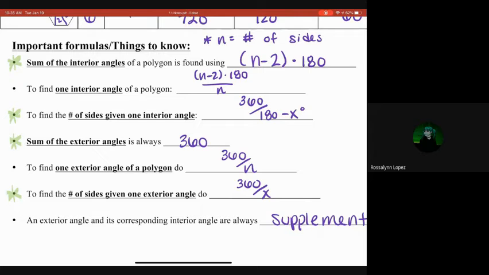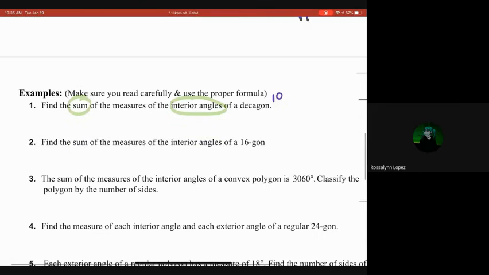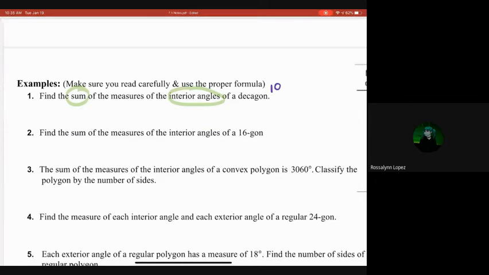So if you're ever asked to find the sum of the interior angles, you're going to use n minus 2 times 180. Then we're just going to plug our 10 in here. On a quiz, how you show work for this is up to you. I would hope that we all know how to subtract 10 minus 2. So if you want to plug it into the original and show the full 10 minus 2 times 180, that's cool.